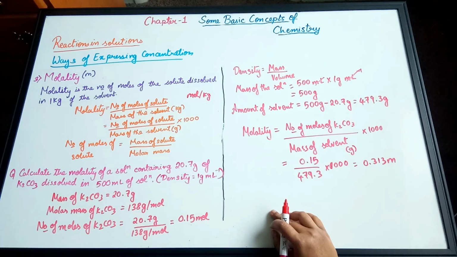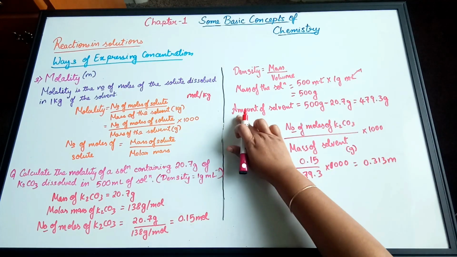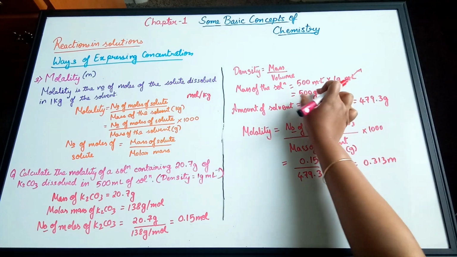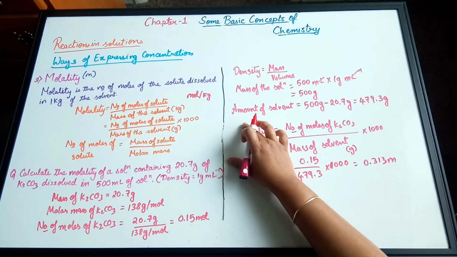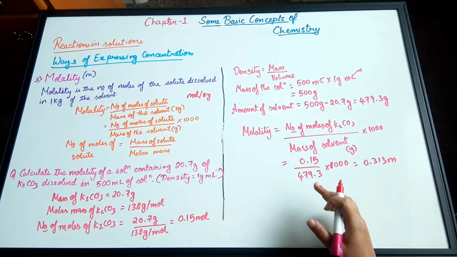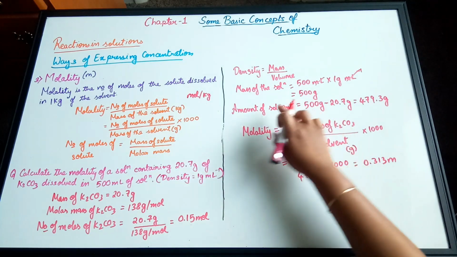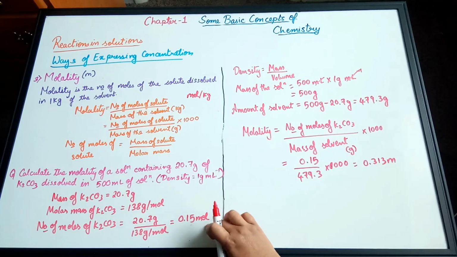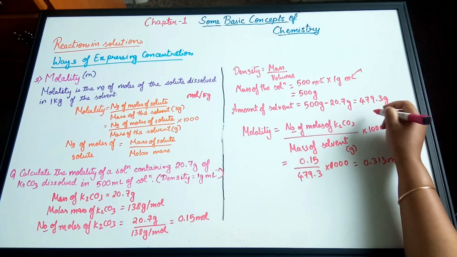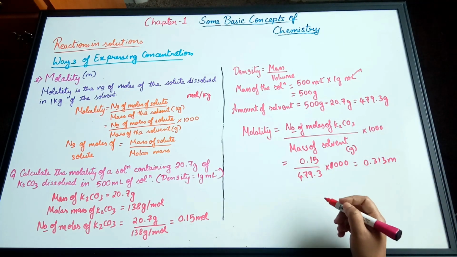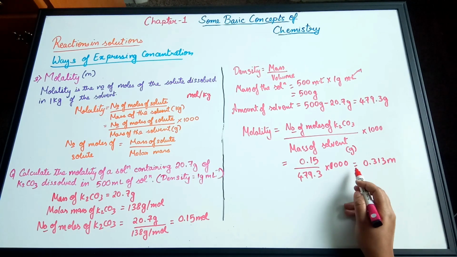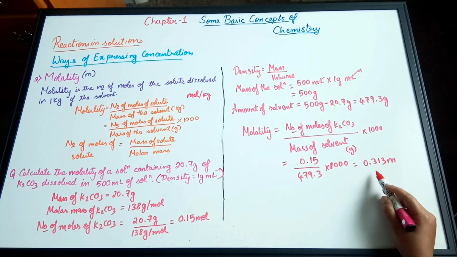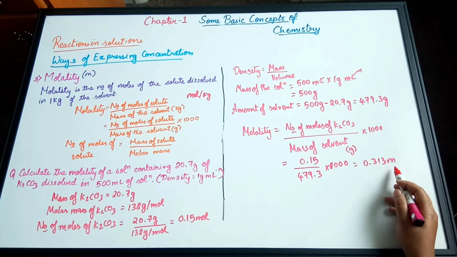So we deducted 20.7 from 500. That gave us the mass of the solvent. So molality equals the number of moles of K2CO3 divided by the mass of the solvent in grams. Since it's in grams, we multiplied it with 1000, and this gave us 0.313 molal.